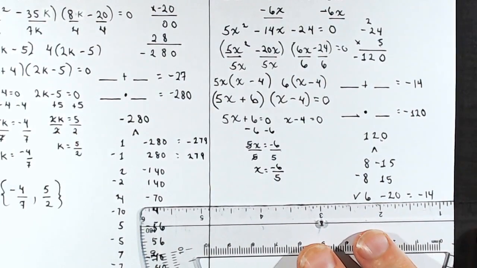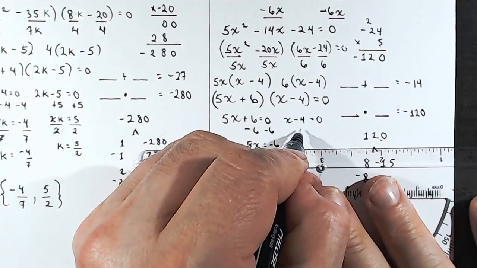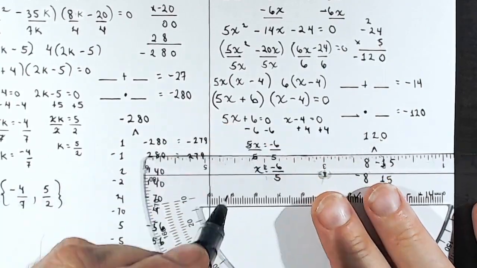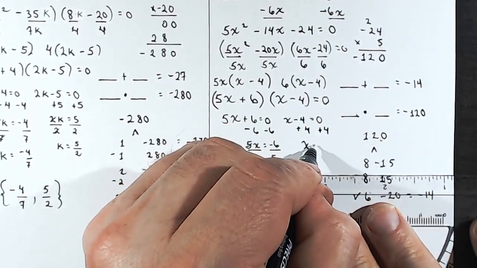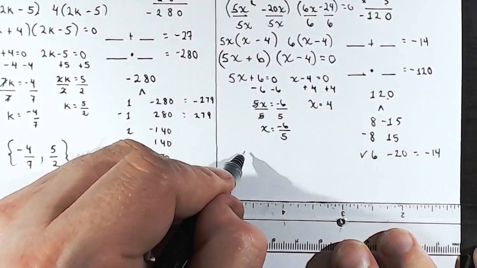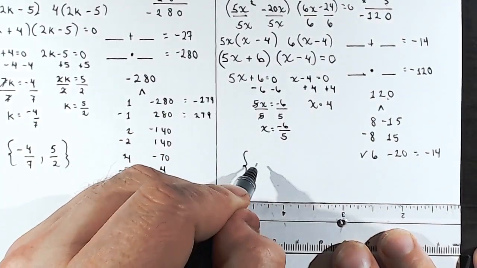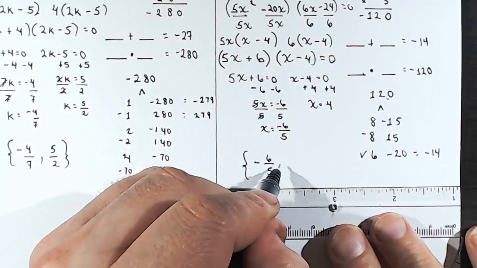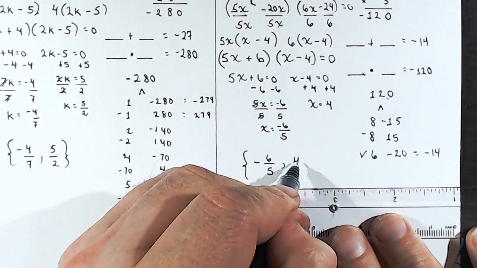will be an integer solution. I'm going to add 4 to both sides, and now I have x equals 4. So in order from least to greatest, my solutions are negative 6 over 5, comma, 4.